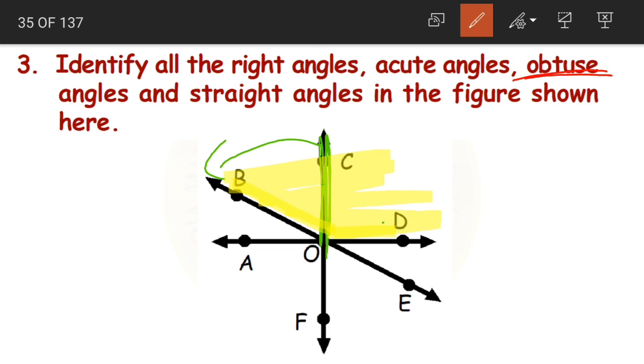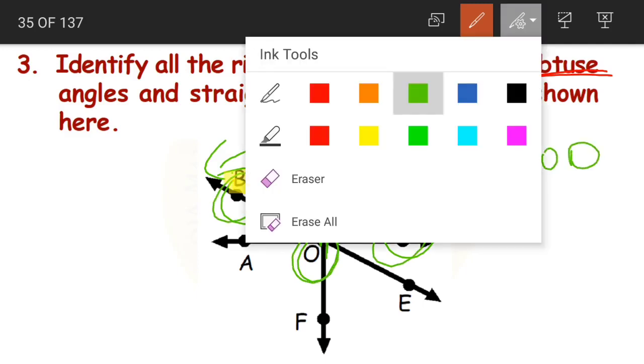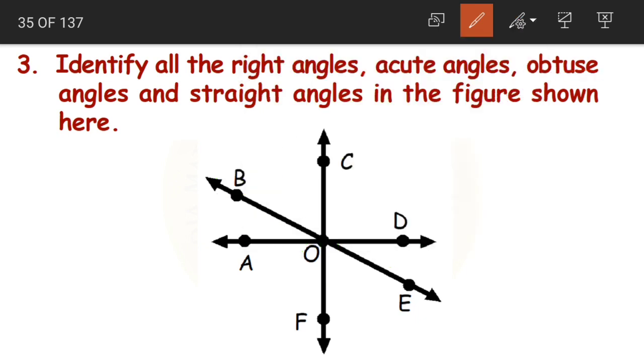So it will be an obtuse angle. And what will be the name of this, children? DOB or BOD, angle BOD. Yes, angle BOD is an obtuse angle. Now coming to the other one, see, again this is also an obtuse angle, angle AOE.